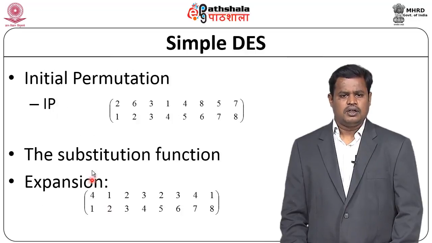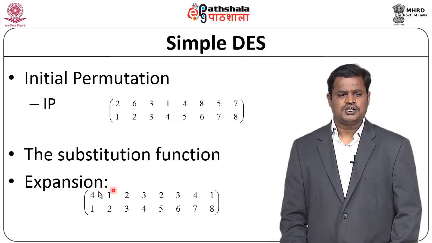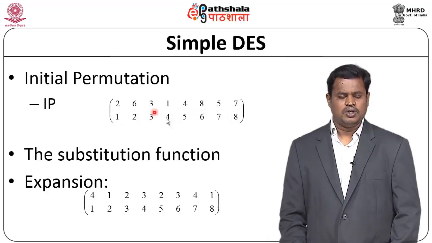Then with the encryption process, again I go for an initial permutation, the substitution function, then the expansion function. We can note that the initial permutation has 8 bits, which are rearranged accordingly based on this particular table used for encryption.